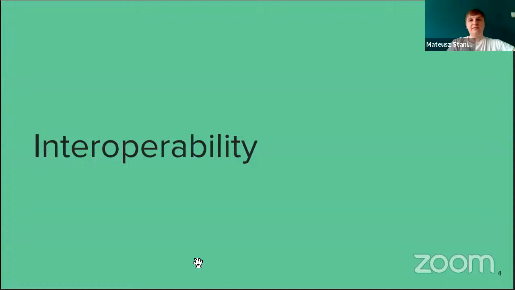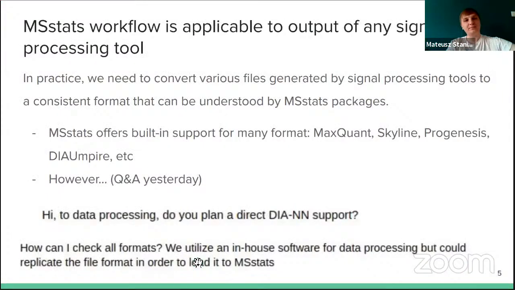So let's start with how we interact with outputs from other tools. So in general, MSstats is designed in a way that, in principle, it works with any output of signal processing tool. So as long as we have a list of quantified features, we can run the MSstats analysis.